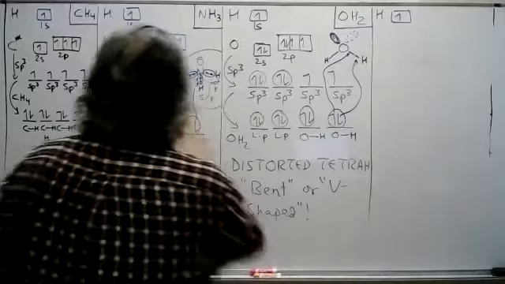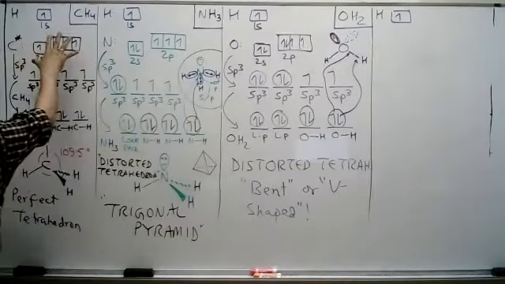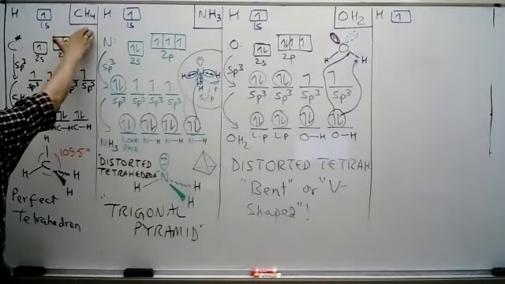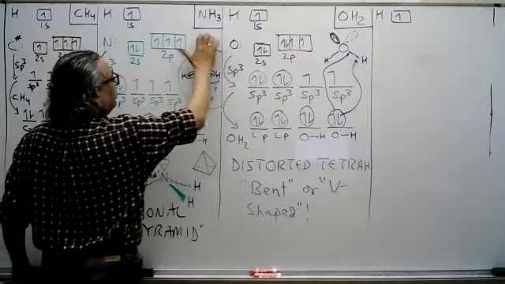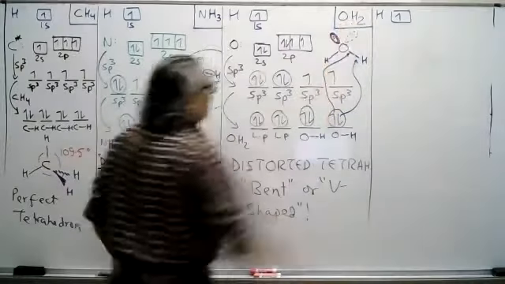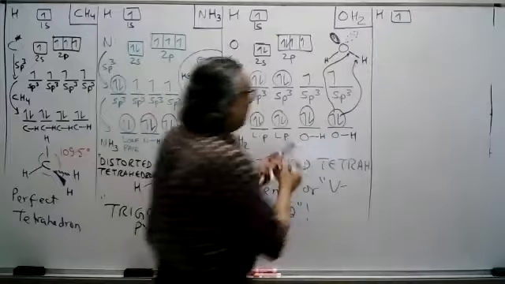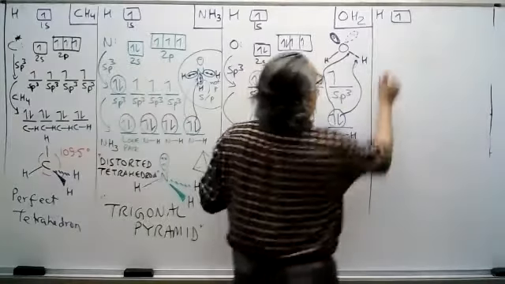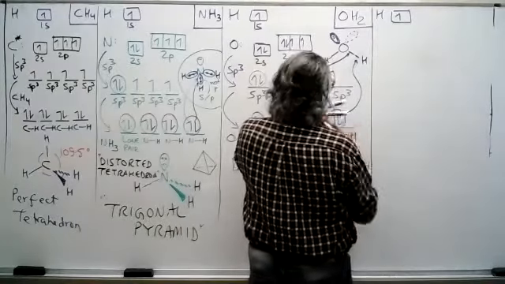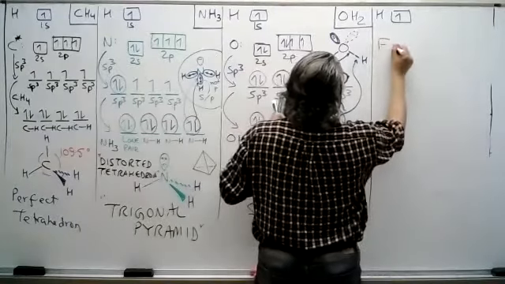Okay. So methane, carbon and hydrogen molecule, ammonia, nitrogen and hydrogen molecule, oxygen and hydrogen molecule. And let this be your homework. Let this be your extra homework: how do you figure out fluorine?